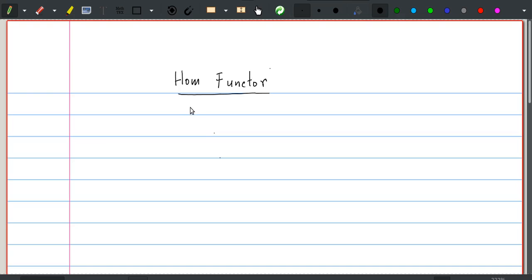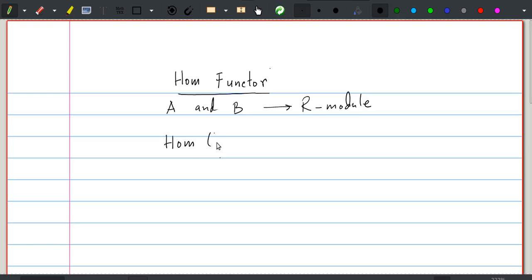So if we had two R modules, say A and B, let us consider the set of all R module homomorphisms from the module A into module B, and let us denote that set by Hom AB.